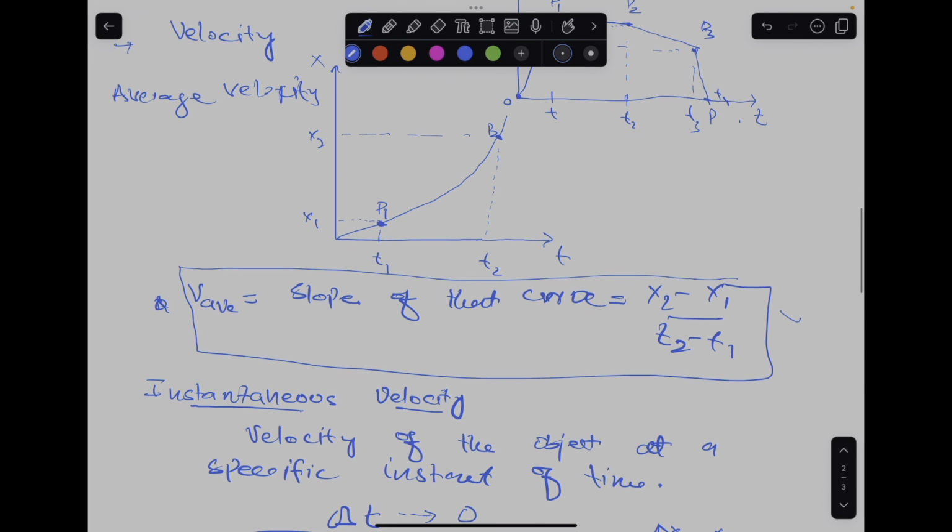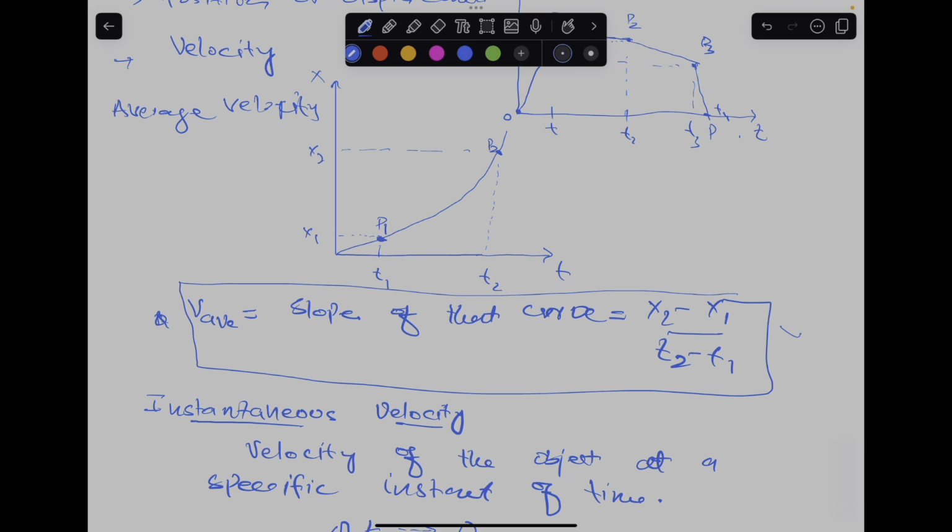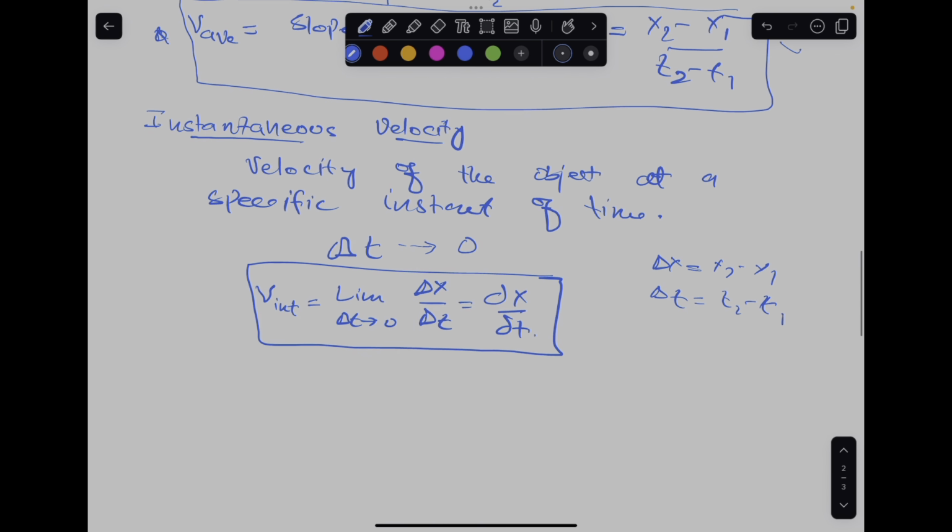How do you find your instantaneous velocity? Using the curve or a graph of position versus time. So you have to draw a tangent to that curve at that point, and this tangent will give you the instantaneous velocity.